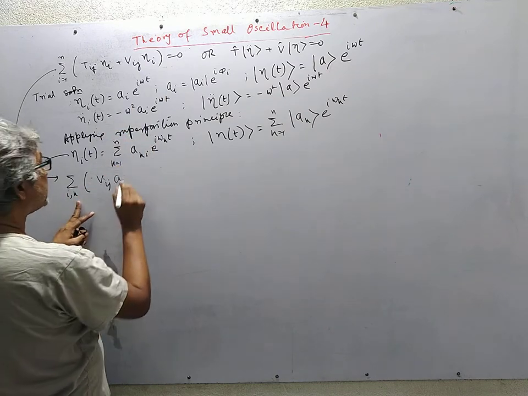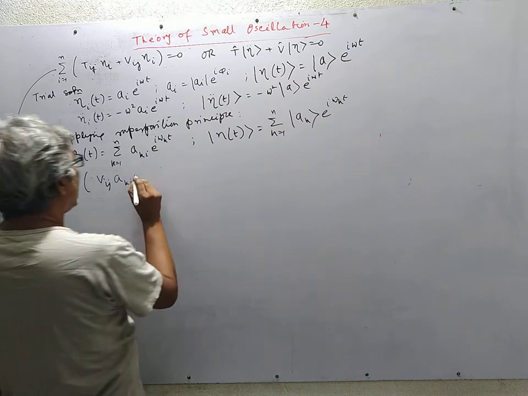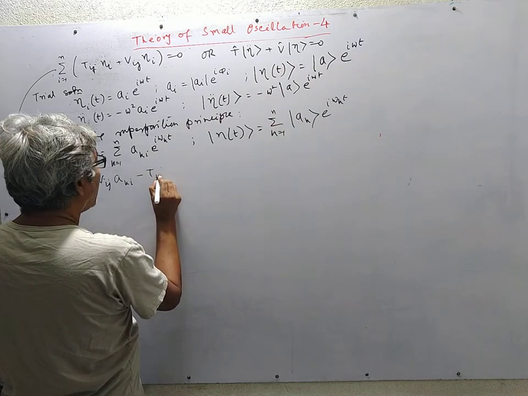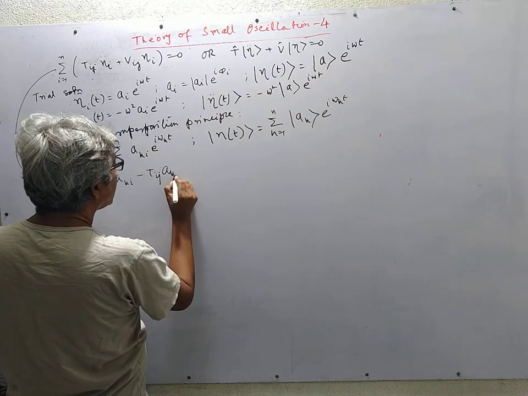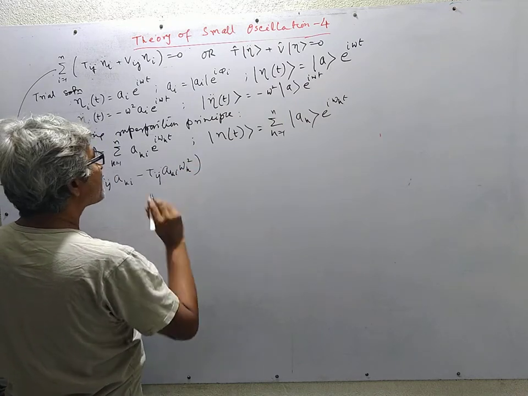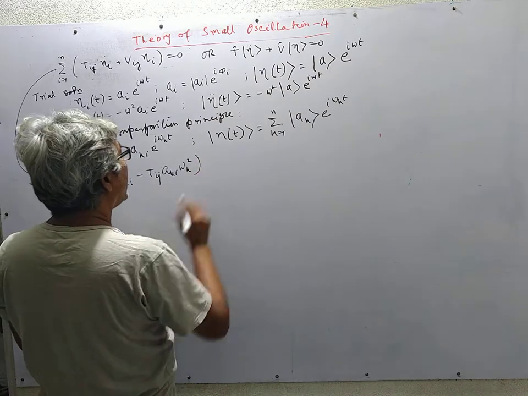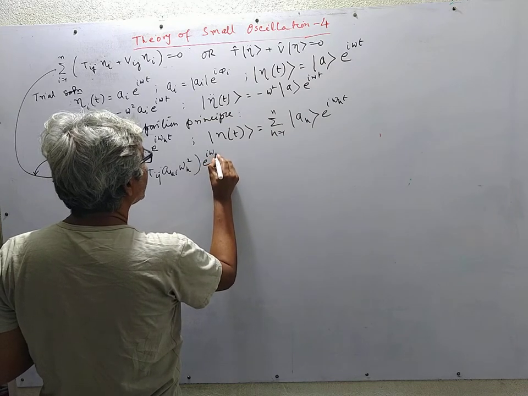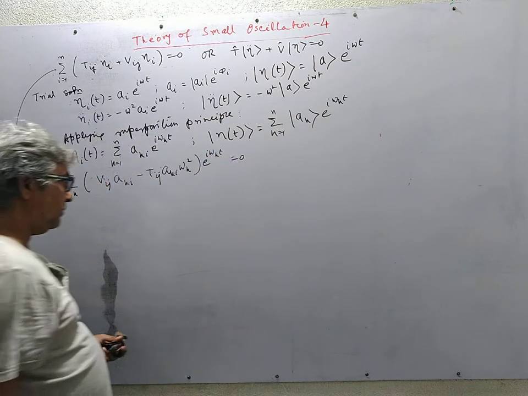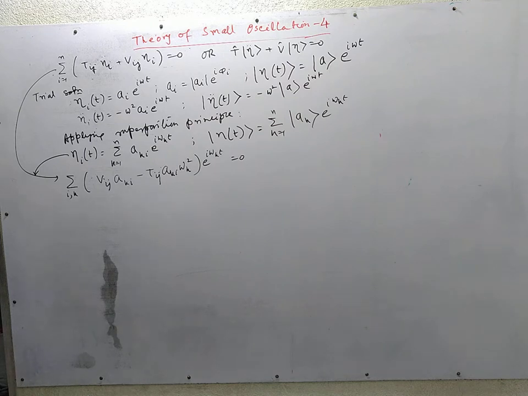So the k sum is over there, a_ki, and then we have T_ij a_ki omega_k square, multiplied by e to the power i omega_k t, is equal to 0. Here both the i and k sums run from 1 to n.